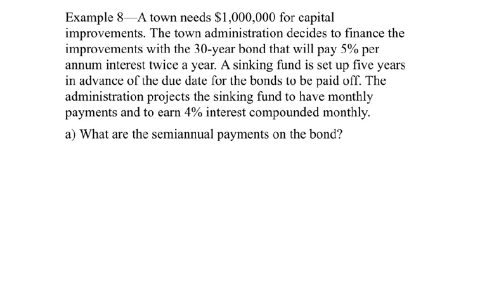So we have two things happening here, which makes it a little bit more complicated. The first thing is asking about the bond. Now the bond is paying 5% per annum interest twice a year.